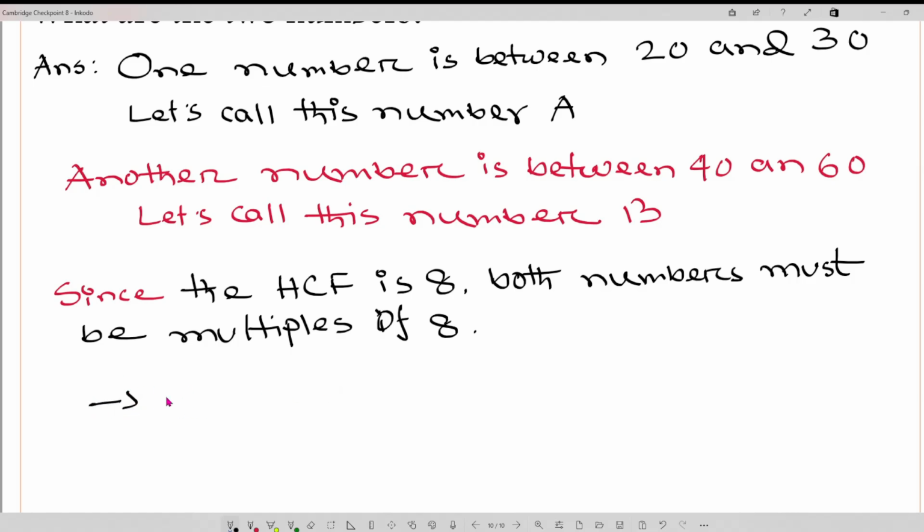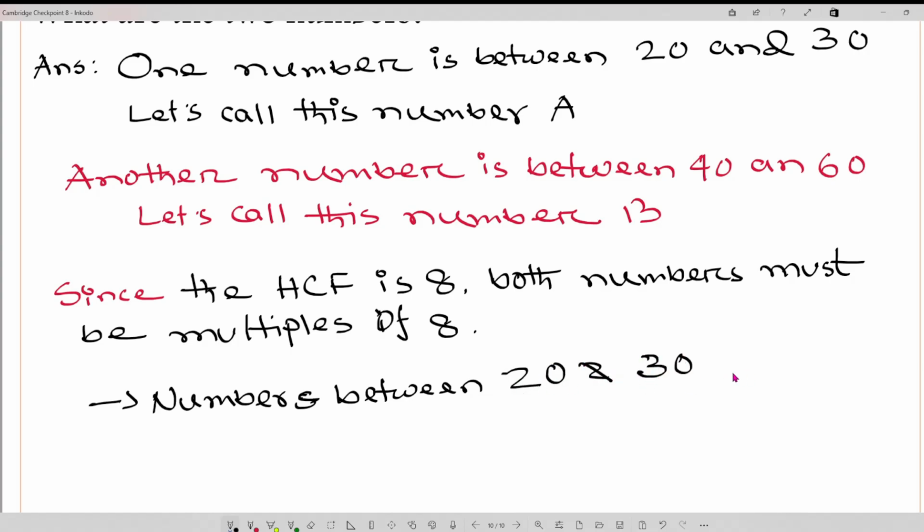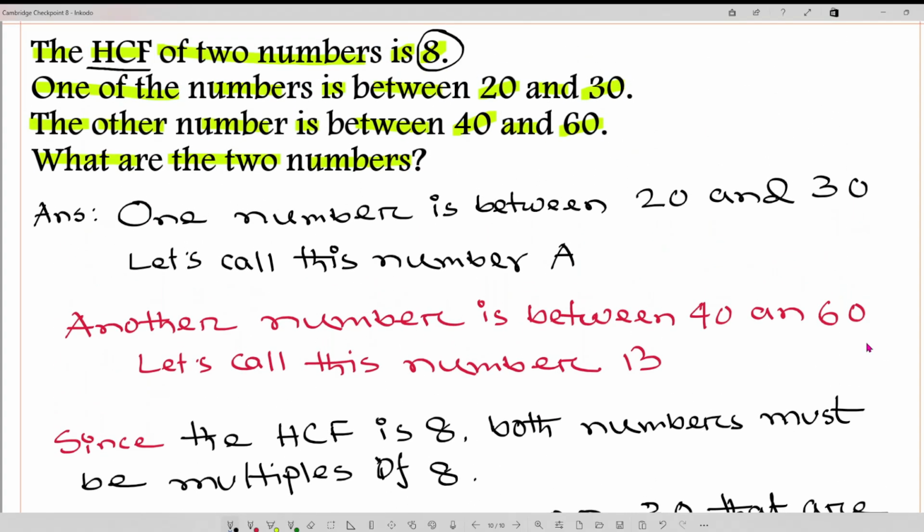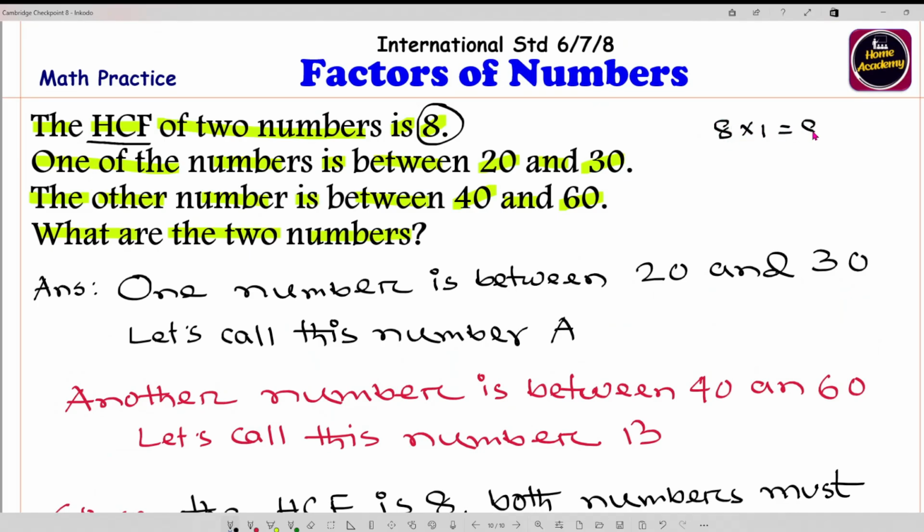We know the 8 times table. 8 times 1 equals 8, 8 times 2 equals 16. 8 and 16 we cannot take, because we should find the number between 20 and 30. 8 times 3 is 24, 8 times 4 is 32. 32 we also cannot take, because it is not inside 20 to 30.